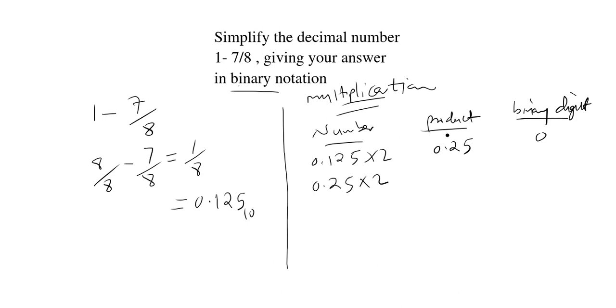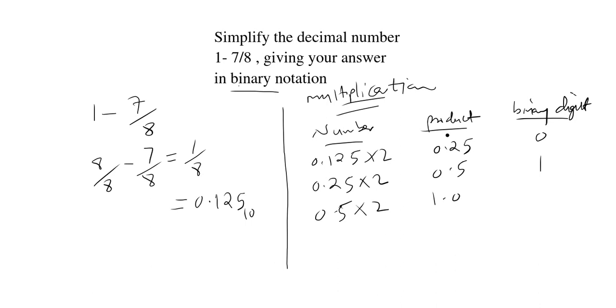When you multiply this, you get 0.5. The whole number part is still 0. Then you take the decimal part again and multiply by 2. This one will give us 1.0.